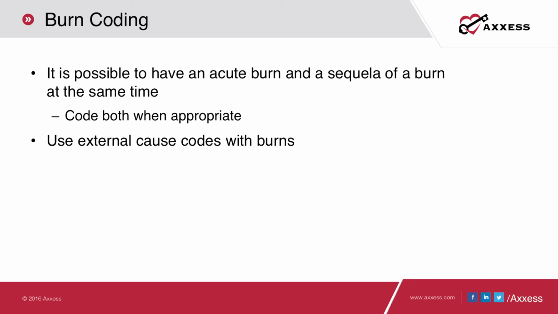Make sure also that you use external cause codes with burns. Now, again, external cause codes are usually coded on a voluntary basis. However, in this case, we have guidance that tells you at the code to use an external cause code. And when you have guidance with your burn codes, you actually have conventions at the code level that tell you to use additional cause codes with burns.